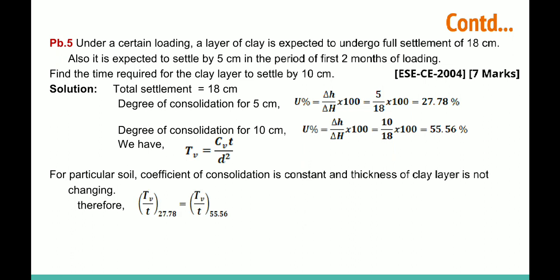So therefore we can write this. So Tv divided by t, because the Cv and 1 by d square is constant, so we can write Tv divided by t ratio for the 27.78 degree of consolidation is equal to Tv by t for 55.56 degree of consolidation.